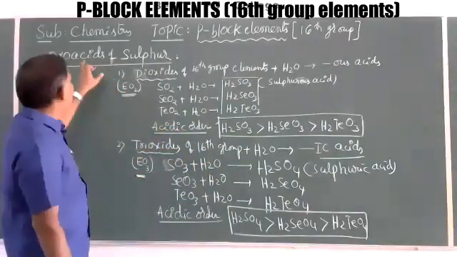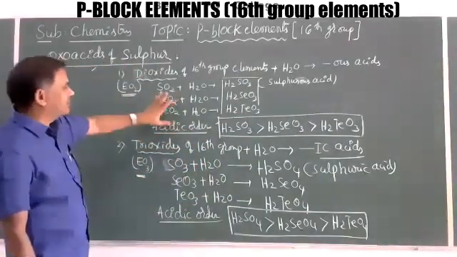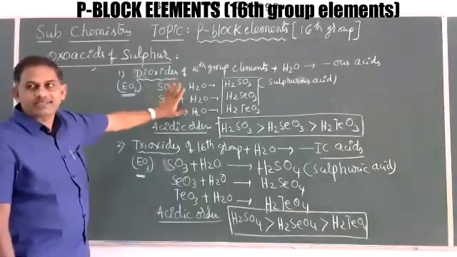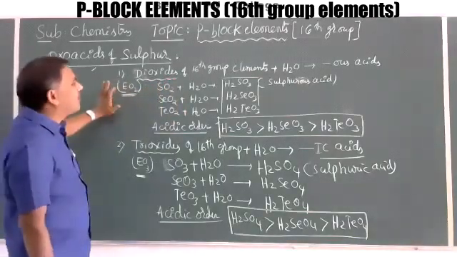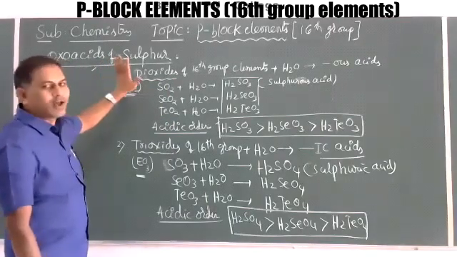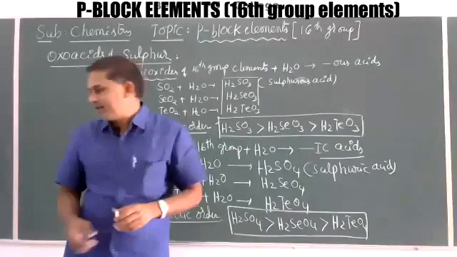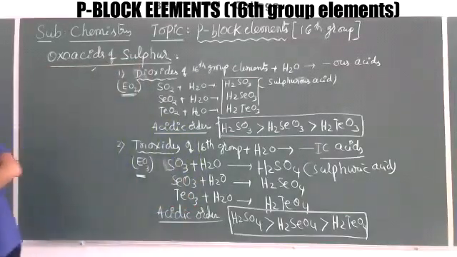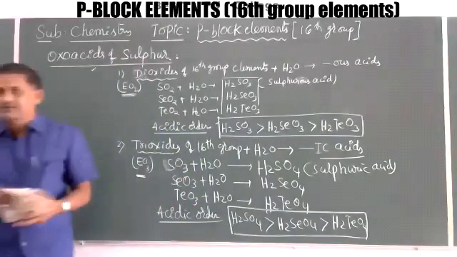So after this introduction to oxoacids of sulfur, ous acids and ic acids, one of the most important things is the types of oxoacids of sulfur. Here four important series are there.